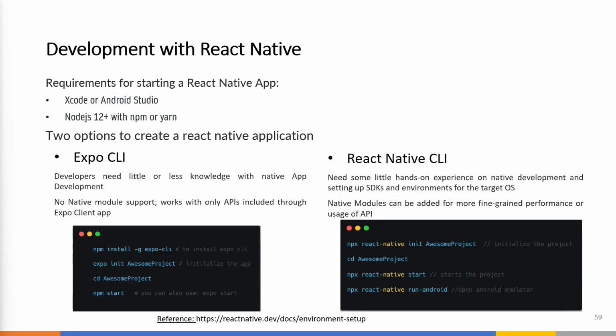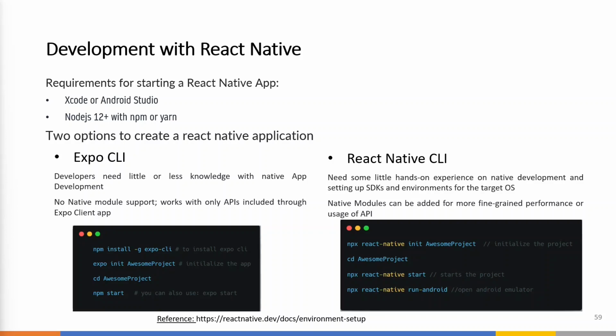So since we covered the architecture overview of React Native, let us quickly look into how development with React Native works. First, we need to have Xcode or Android Studio installed along with Node.js in order to start up the project. To create a React Native application, we can go with either Expo CLI or React Native CLI.